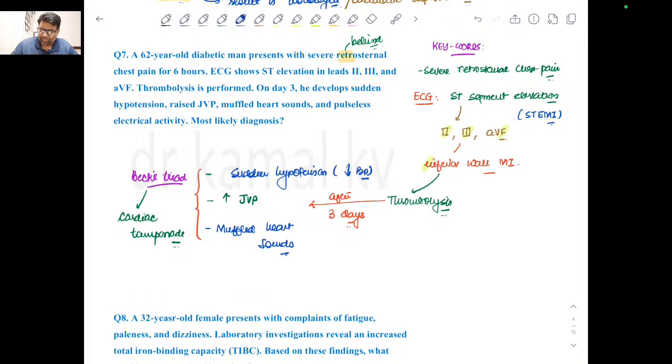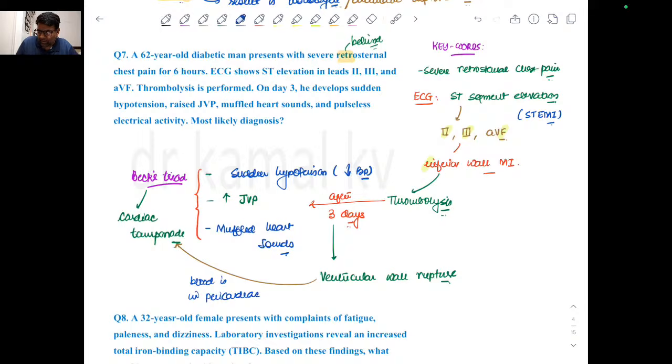So to answer that, what has happened is there is ventricular wall rupture. The ventricular wall has ruptured and the blood from the ventricle has gone into the pericardial space, right? Clear?